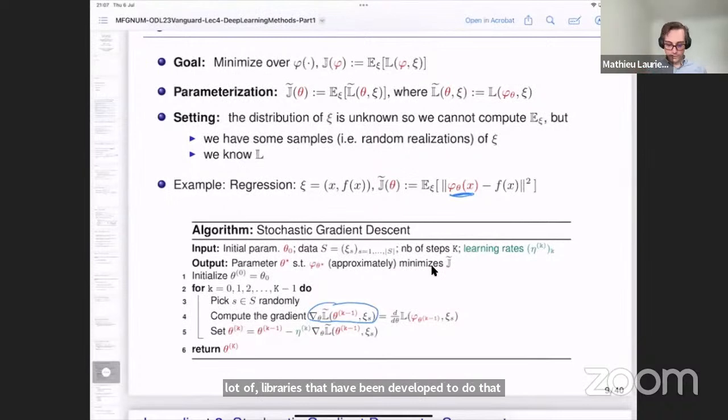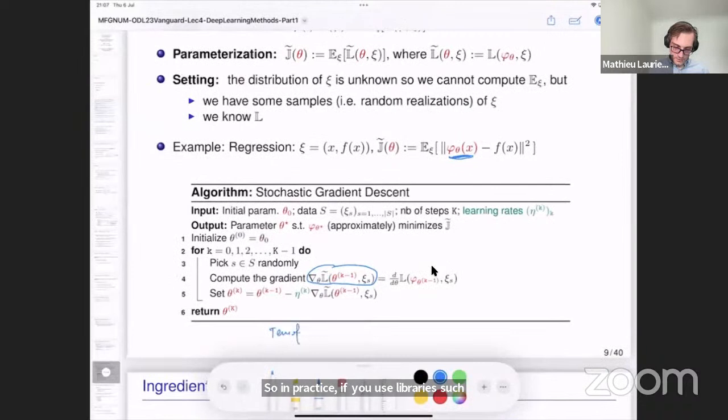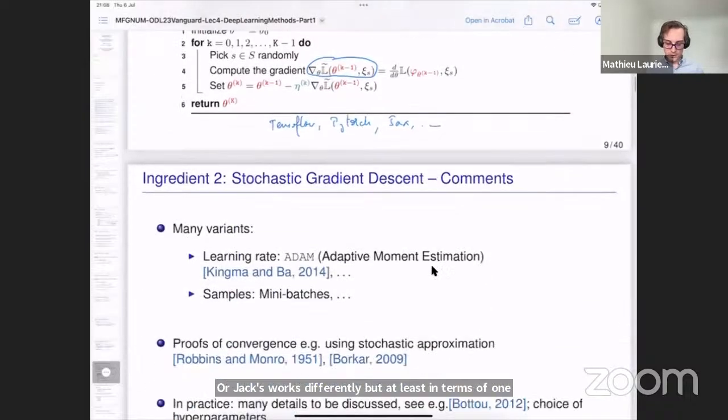In practice, if you use libraries such as TensorFlow or PyTorch or JAX and others, the computer does that automatically. That's what I mean by automatic differentiation, but done in a smart way so that it's really efficient, using so-called backpropagation. JAX works differently, but at least in TensorFlow and PyTorch.